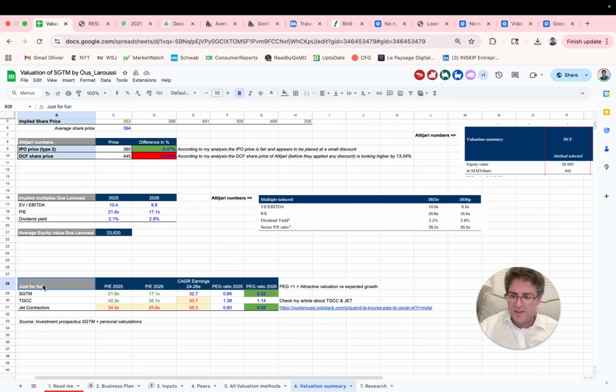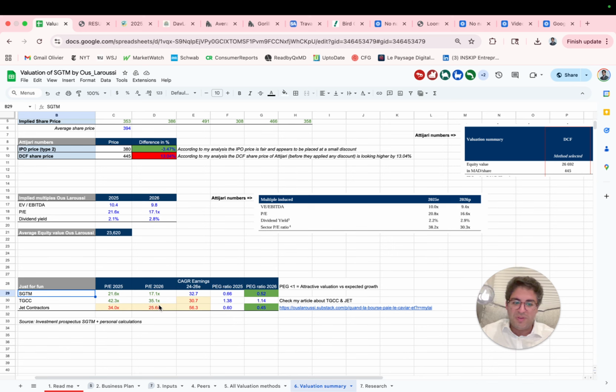And just for fun, guys, I wanted to have SGTM and TGCC and Jet Contractors together here. And there's something that I covered in one of my articles, about how you can go beyond the price to earnings ratio and look at something augmented, like the price to earnings to growth ratio, the PEG ratio. This one also allows us to see how much we are paying for the growth. Basically you take the price to earnings ratio and divide it by the growth.